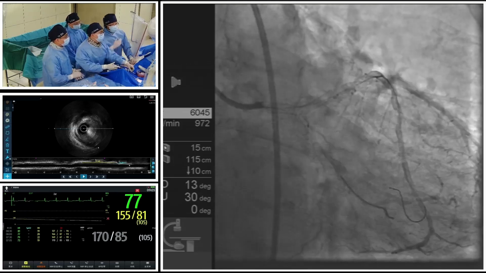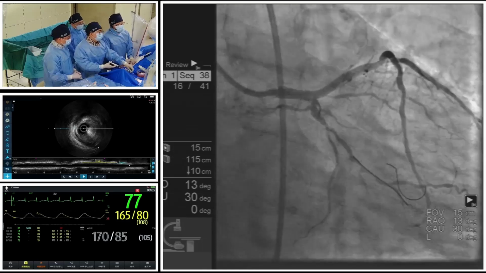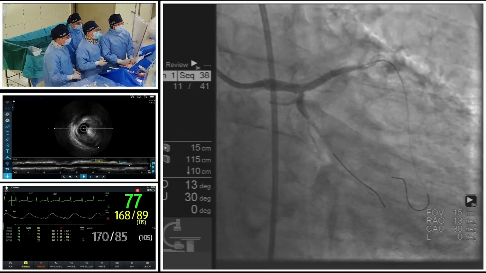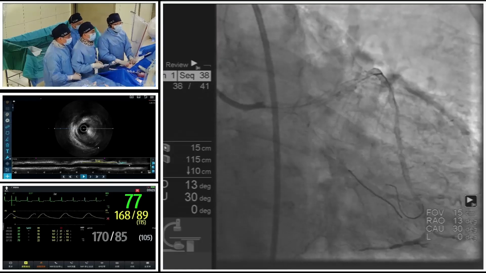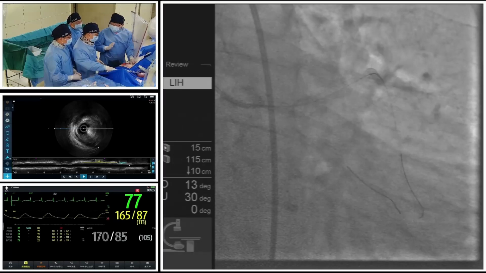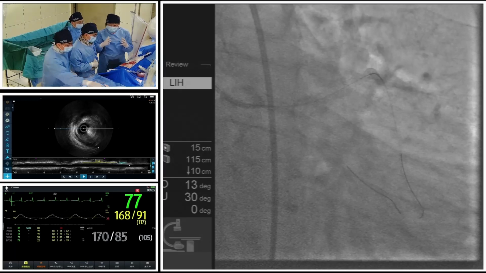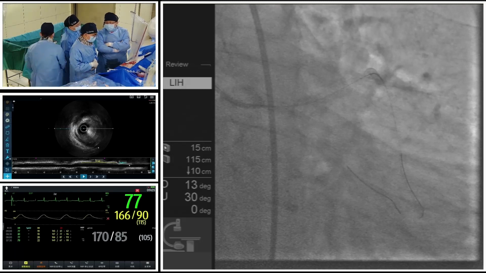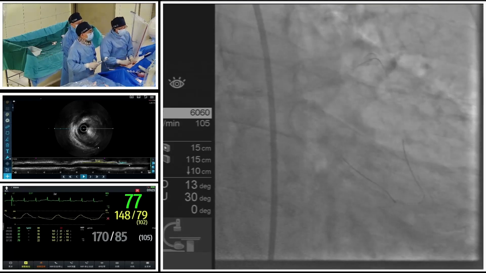Okay, we can see the left main. So what we will do next to reveal the diagonal branch and the septal branch is post dilation, to try to make all the stents well expanded.